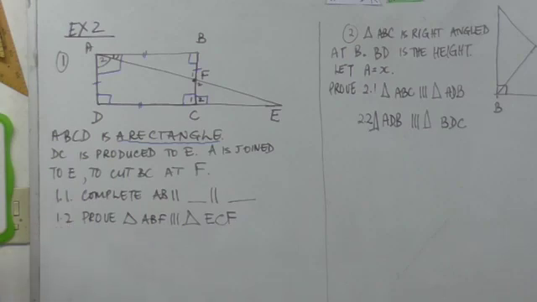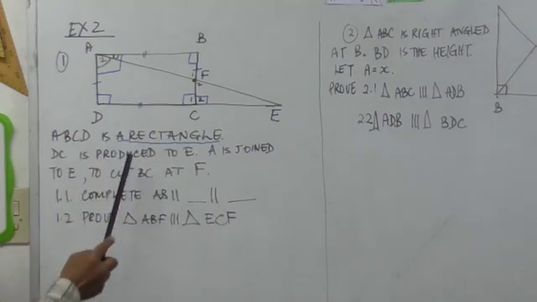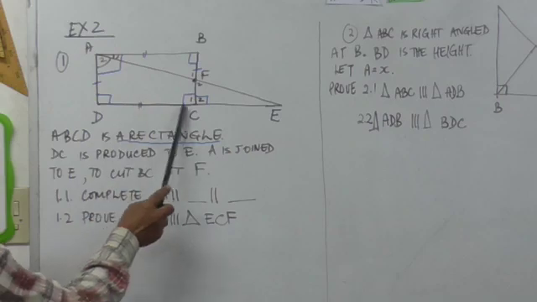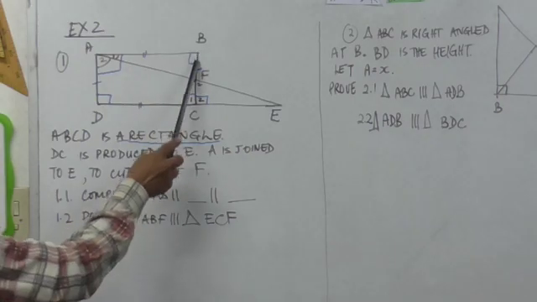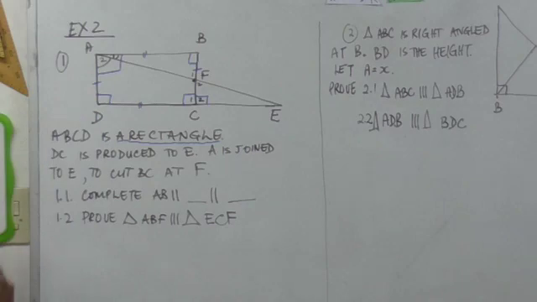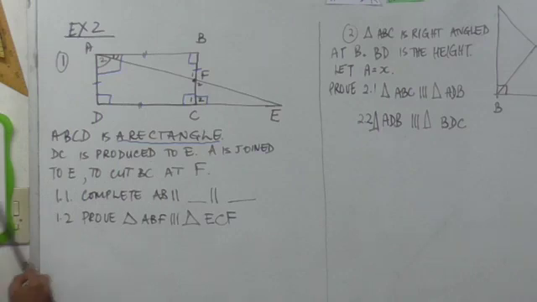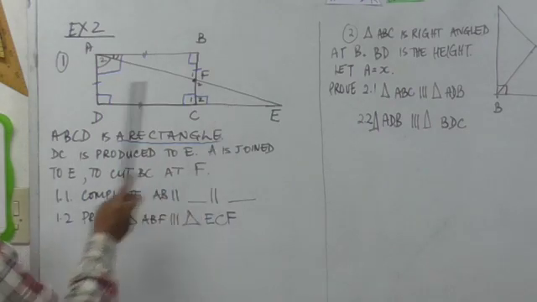By the way, this line is parallel to this line because it's a rectangle. And now, because this is produced, then the produced part is also parallel.